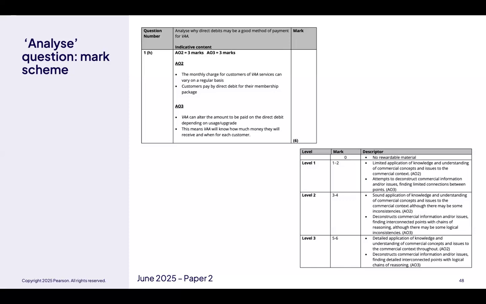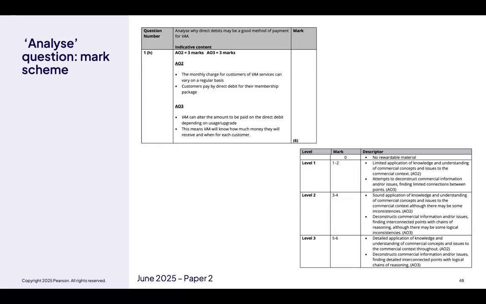We know that there's AO2 3 marks, AO3 3 marks. I'm looking at the left hand box now, and then here is some indicative content once again. So for AO2, the candidate has written, the monthly charge for customers of VAA services can vary on a regular basis. Customers may pay direct debit for their membership package. And then AO3 as other strands of development.